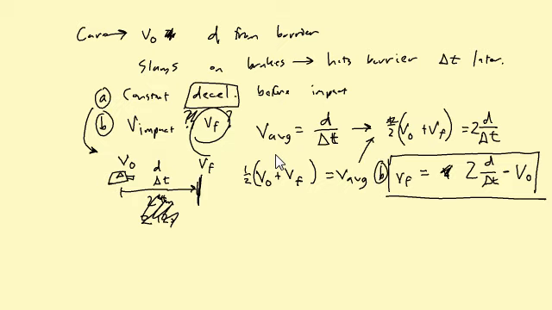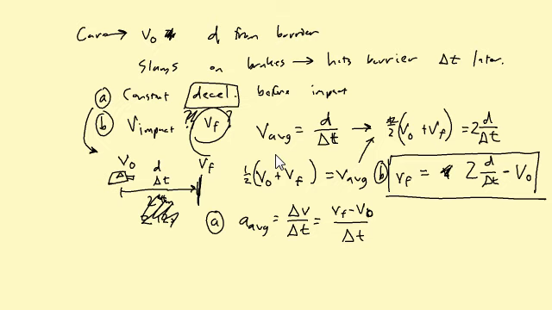And then for part A, you know that the average acceleration is going to be delta v over delta t. Delta v is final velocity minus initial velocity, and we already know delta t, and we know the final velocity.